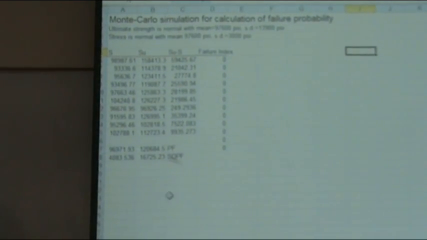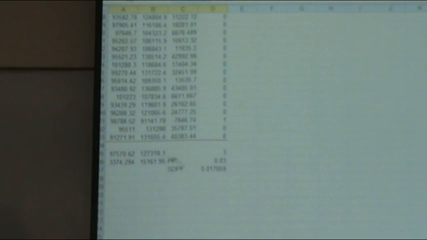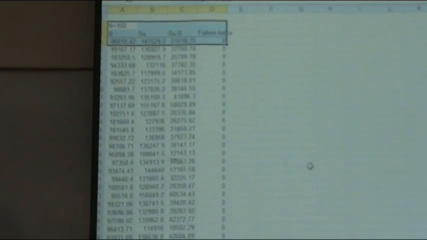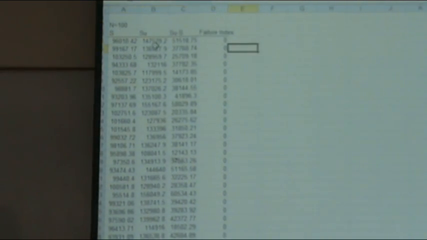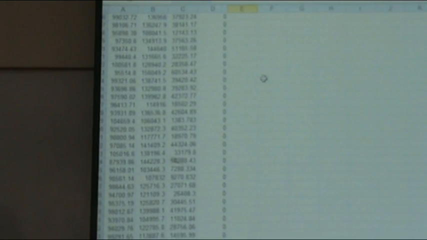If we do 100 replications, these are the 100 replications. We calculate again stress, strength, difference, and then the failure index.